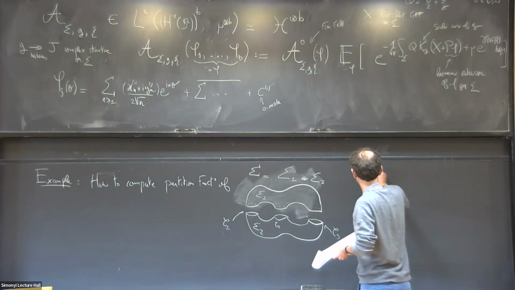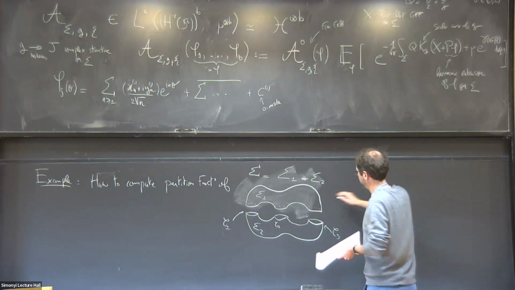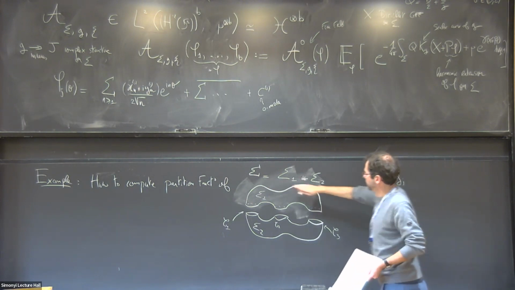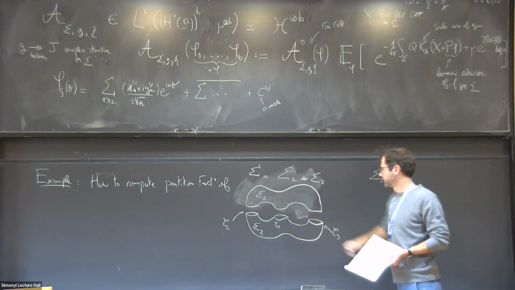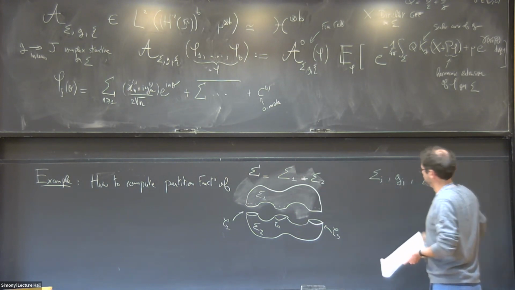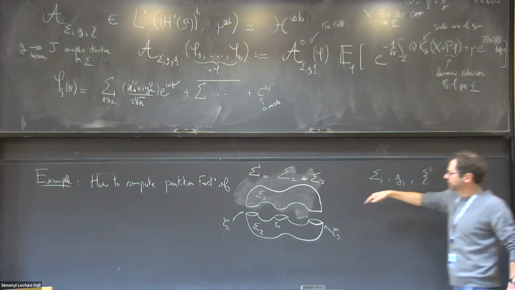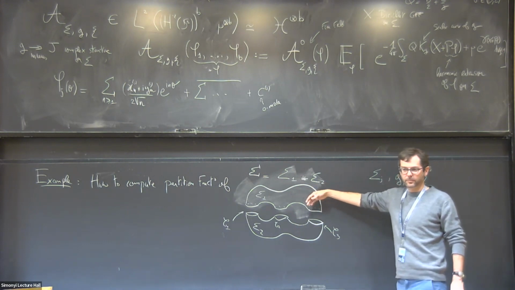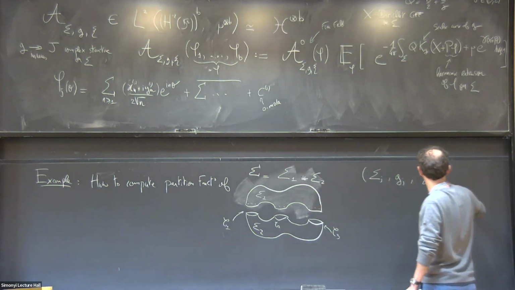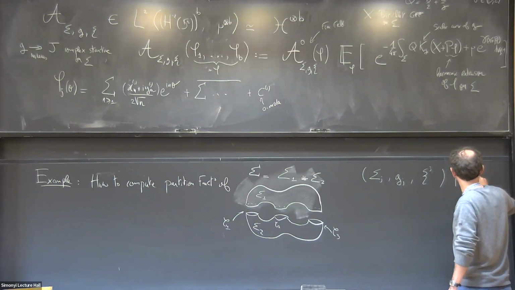Of course, I choose a metric on sigma. The metric induces a metric on each sigma j. So I get sigma j, gj, and I also choose a parameterization of the embedded curve in the surface, an analytic parameterization, and I call it xj, the parameterized surface.